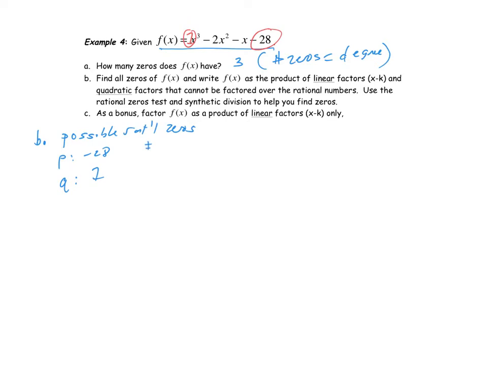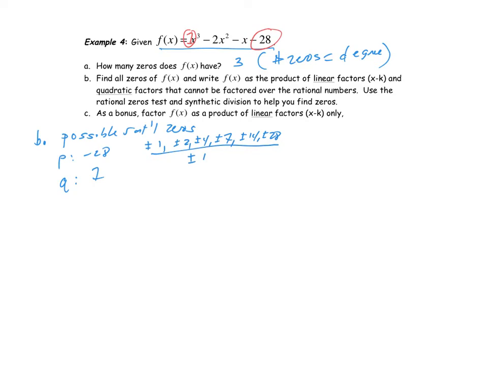So I'm going to start listing the factors of negative 28. So that's plus or minus 1, plus or minus 2, plus or minus 4, plus or minus 7, plus or minus 14, and plus or minus 28. And the factors of 1, which are Q, is just plus or minus 1.